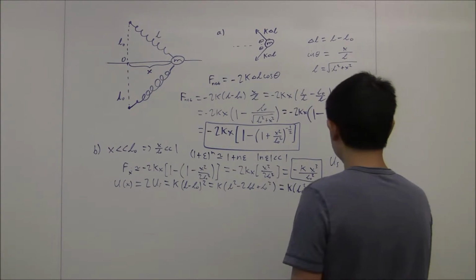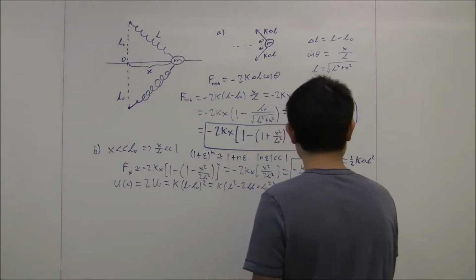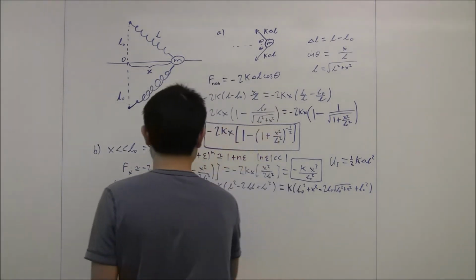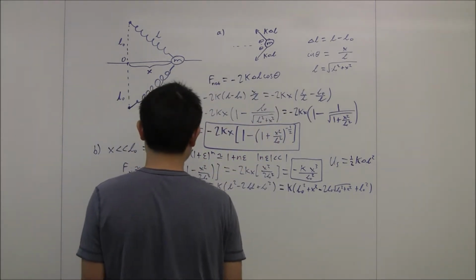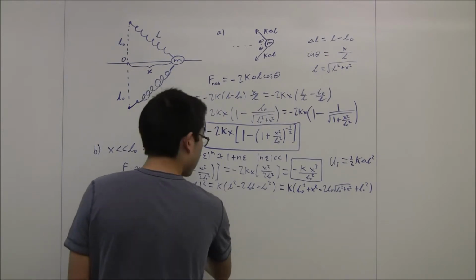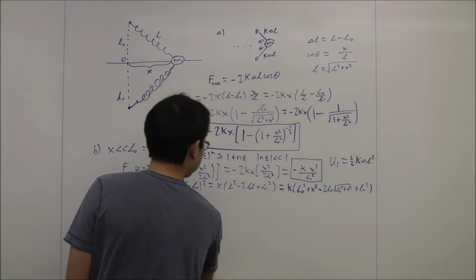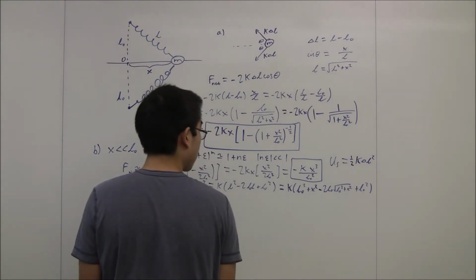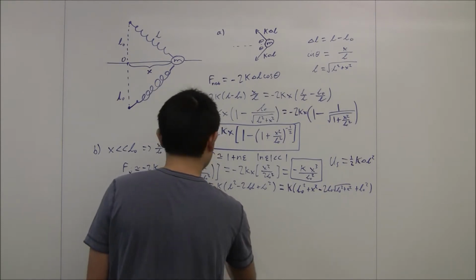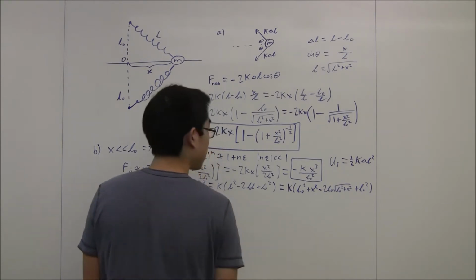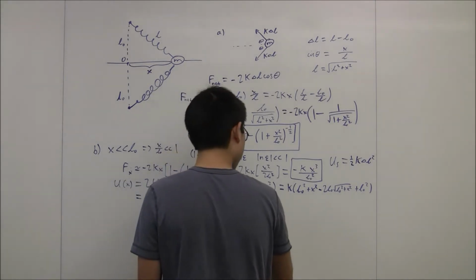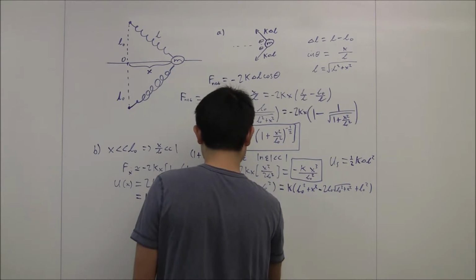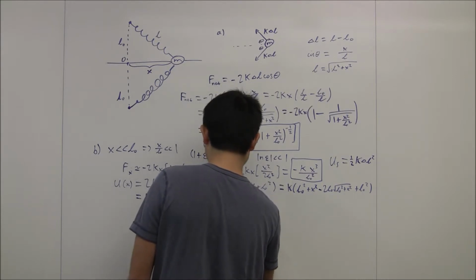So now let's factor out a factor of L naught squared from the square root and group like terms. That's going to give us k times, in brackets, 2 L naught squared plus x squared minus 2 L naught squared times the square root of 1 plus x squared over L naught squared.